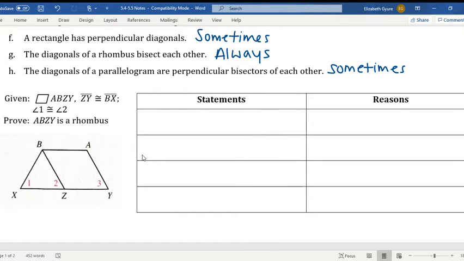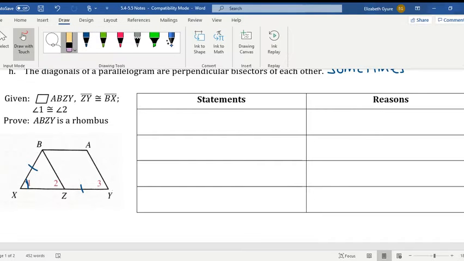We got a proof. We are given parallelogram ABZY, and that ZY is congruent to BX, and that angle 1 is congruent to angle 2.